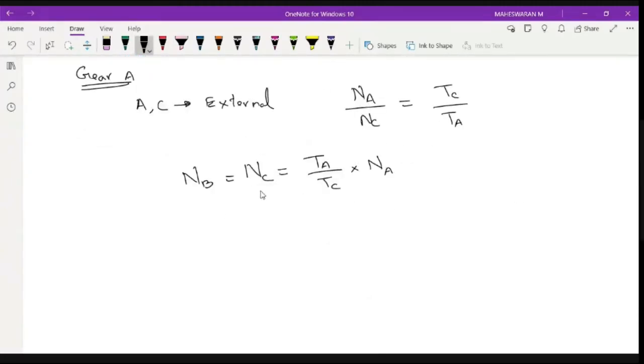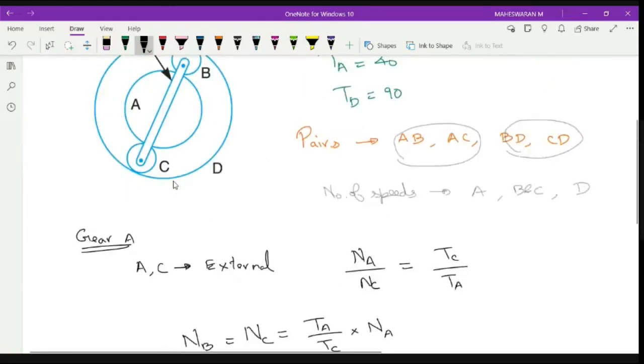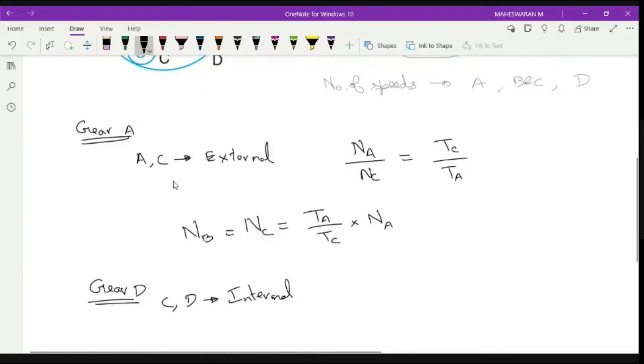The next step is we will go for gear D, the relation between gear D and C. Gear D is connected to gear C. C and D are connected internally. Look, C and D are connected internally, right? So this one should be minus.